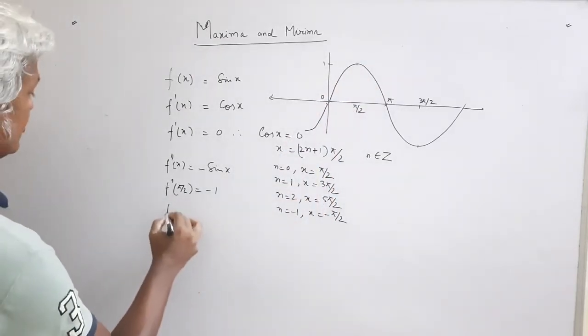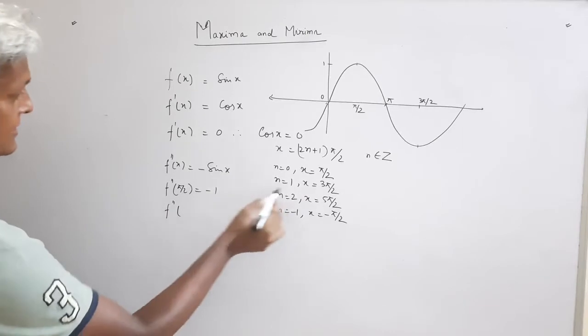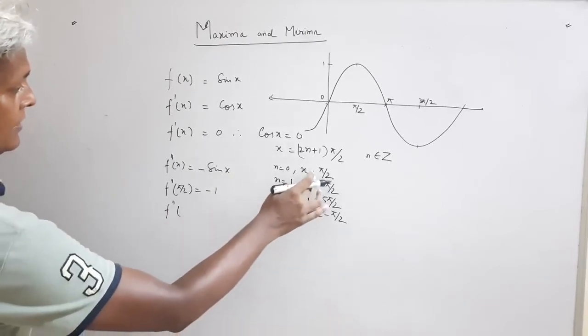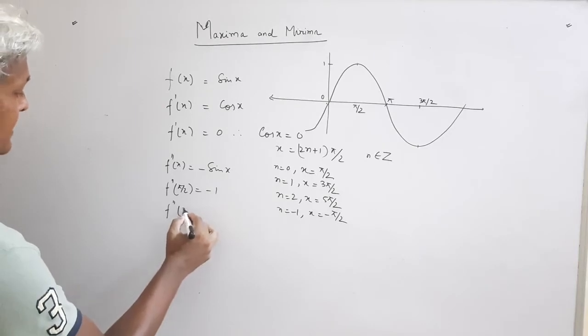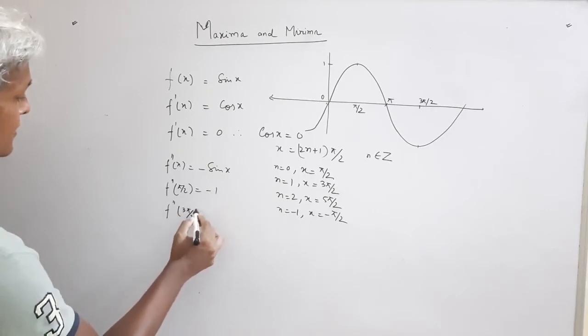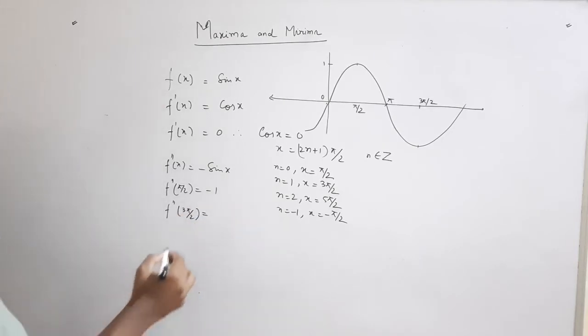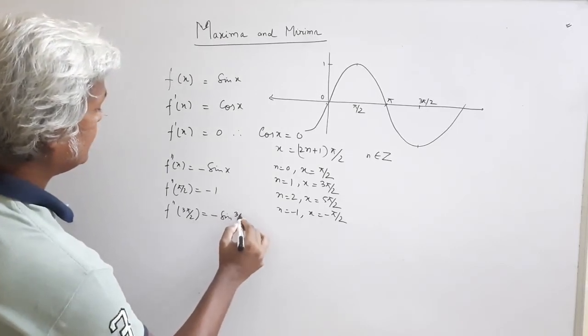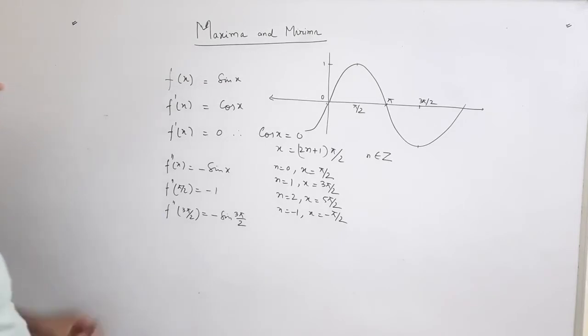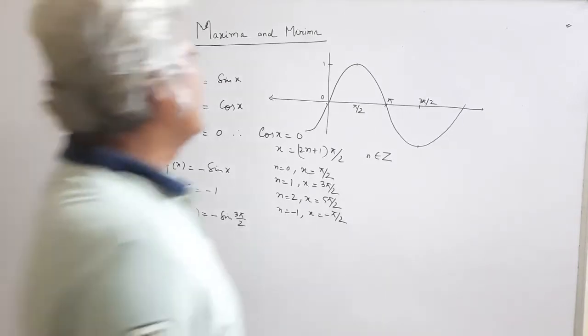Now I take one more example. Suppose I find it for 3 pi by 2. This is the value of minus sin 3 pi by 2. Now what is the value of sin 3 pi by 2?